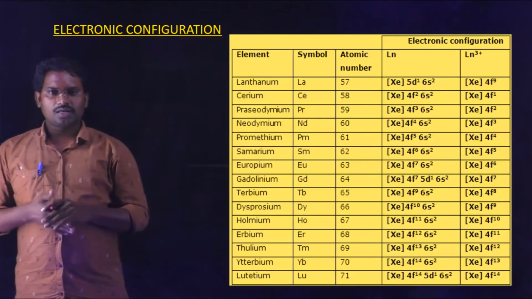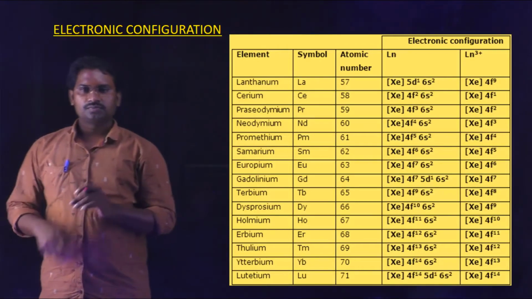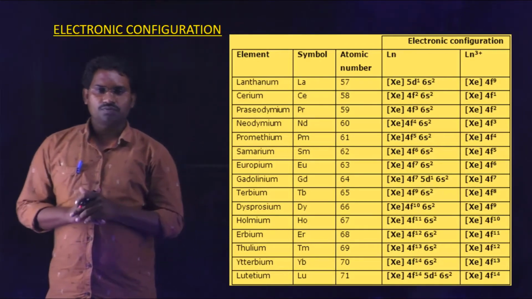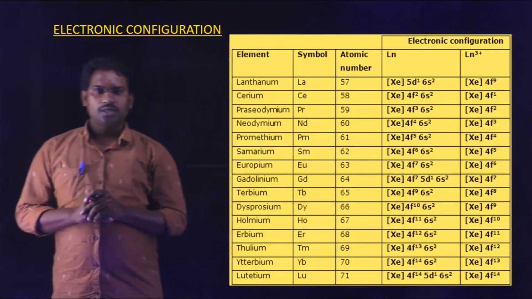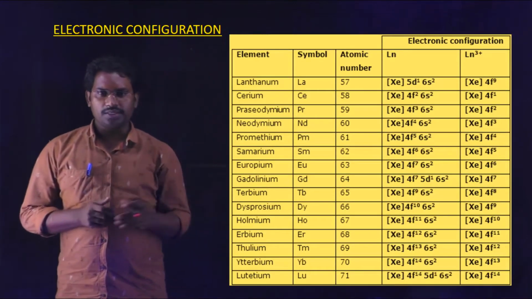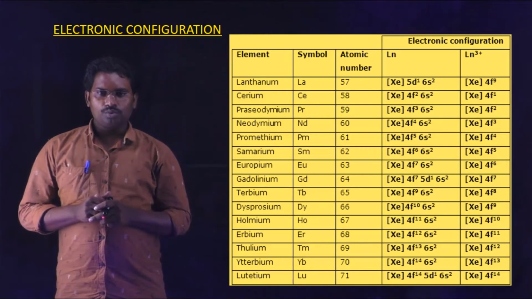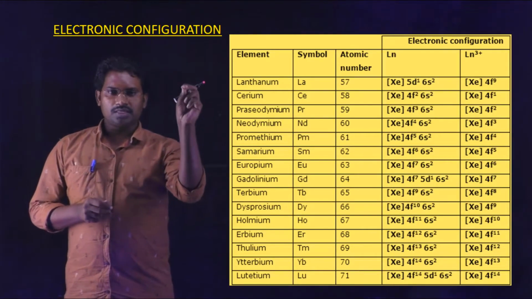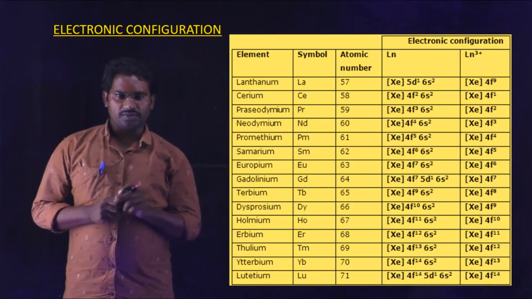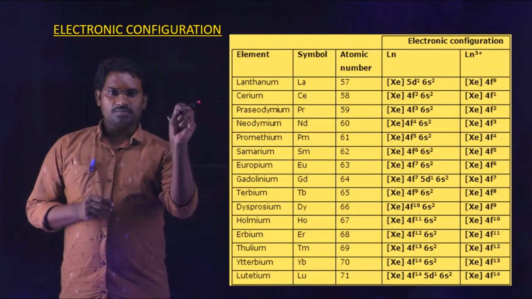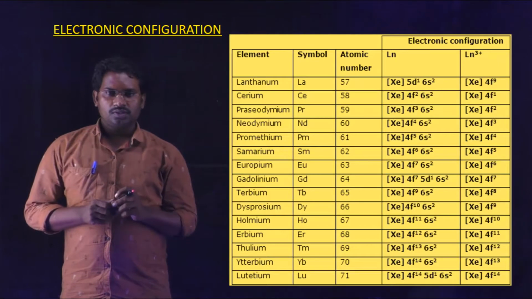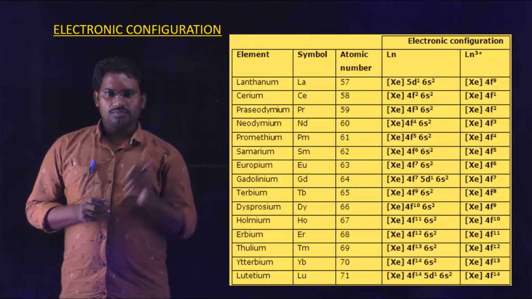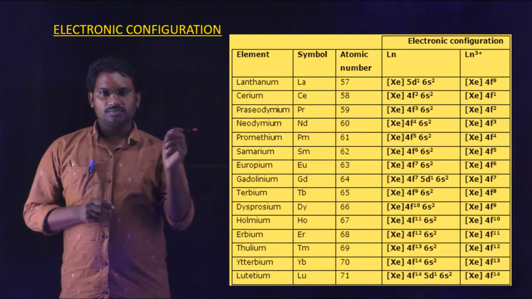Now, the electronic configuration of lanthanoid elements. We know that lanthanoids are 14 elements coming after lanthanum. Look at the table from lanthanum to lutetium. First element is lanthanum, symbol La, atomic number 57. Second, cerium, Ce, 58. Next, praseodymium, then neodymium, Nd.